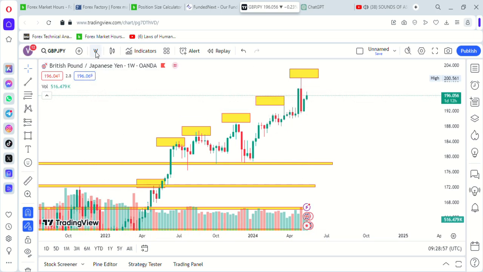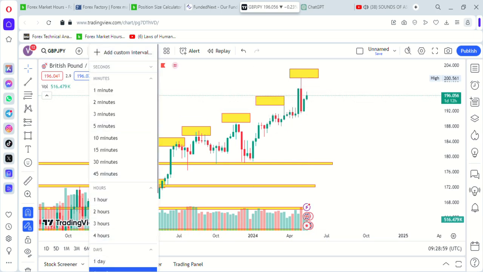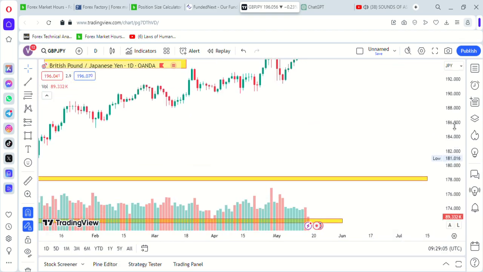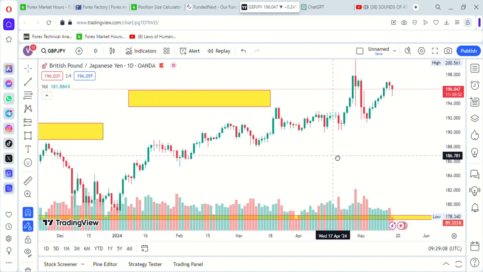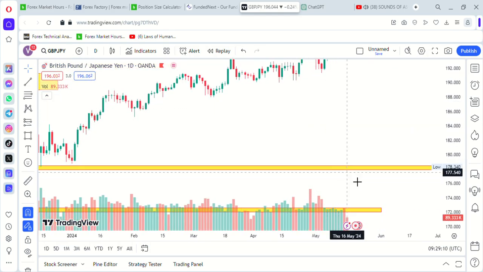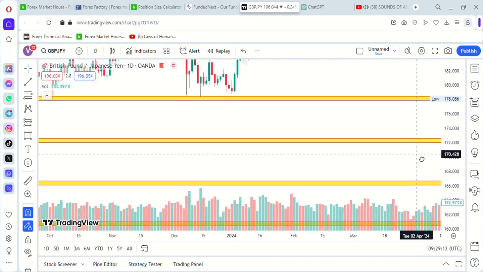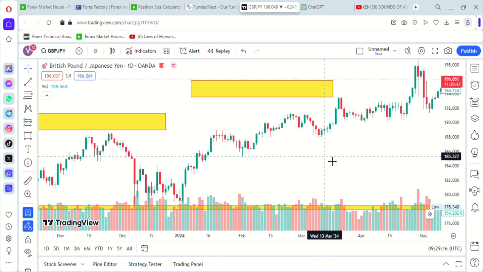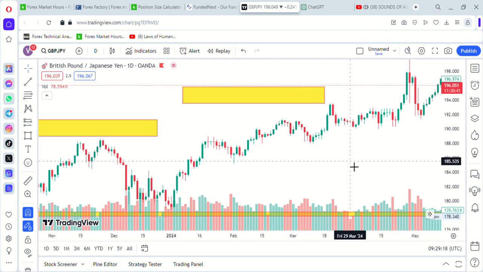Now we come to the daily time frame. If you come to the daily time frame, this is what we are seeing now. You see those zones we marked out? So from the daily time frame, this is what we have.